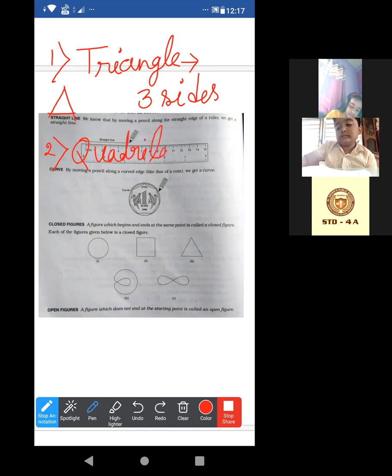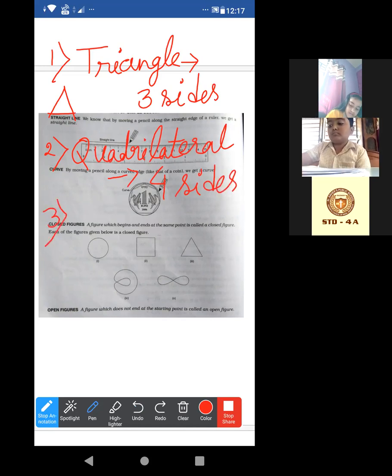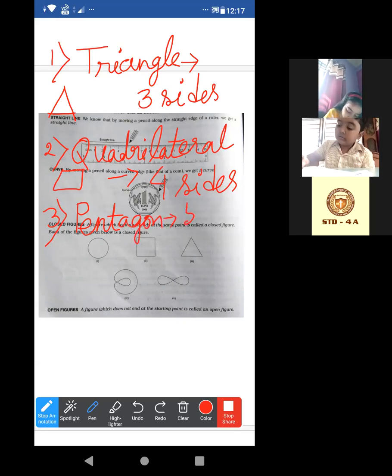Quadrilateral. That means 4 line segments or 4 sides. Third one, pentagon. The figure will be in this way, five sides. Got it?